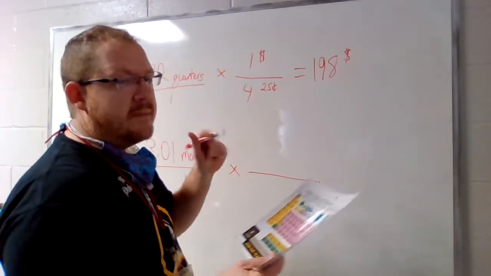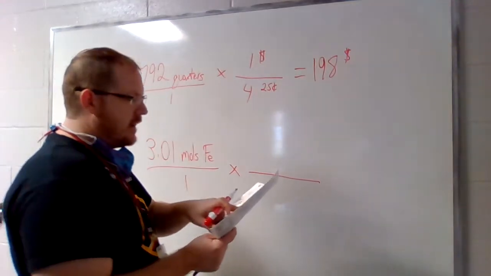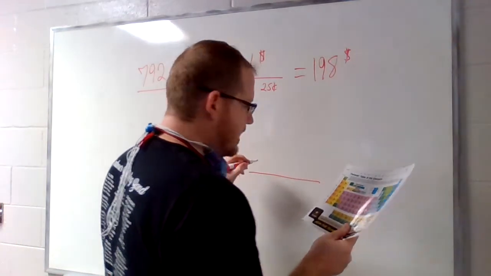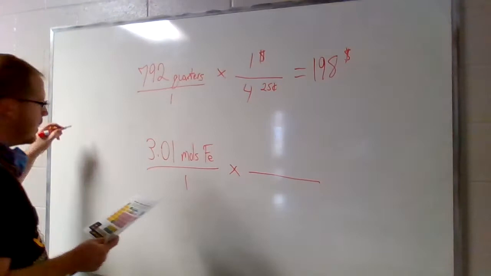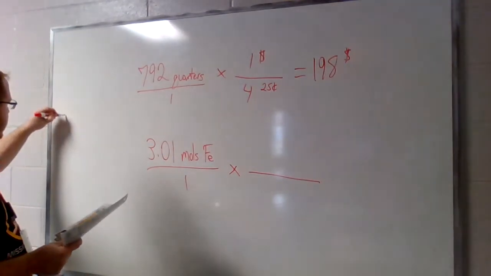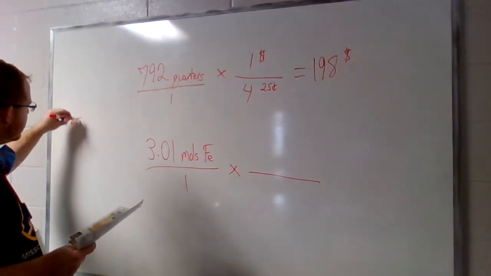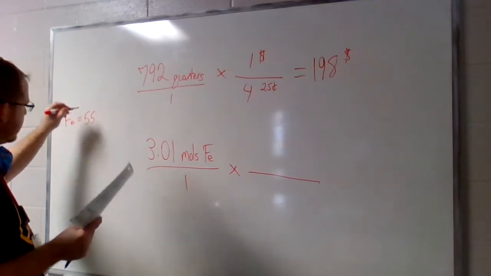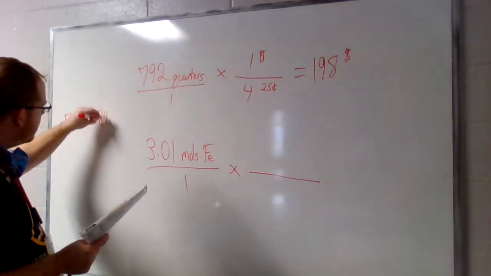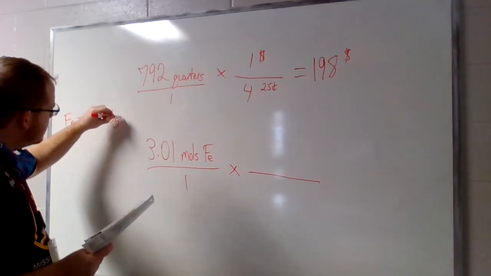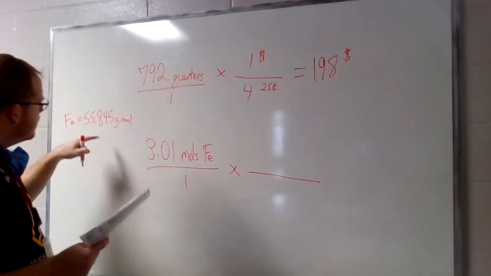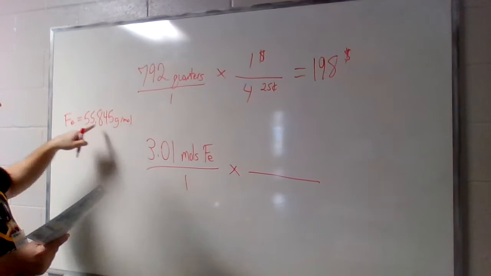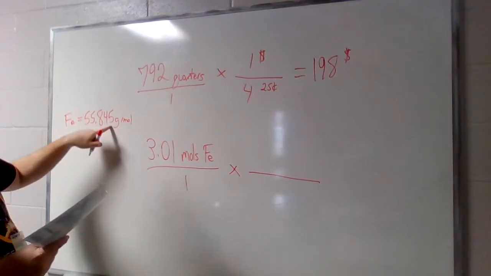It will tell you how much 1 mole of iron weighs. And so here on my periodic table, iron is equal to 55.845 grams per mole. So for every 1 mole, it's 55.845 grams.